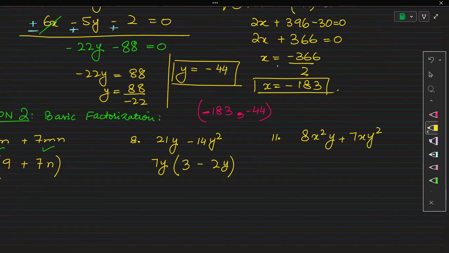Now, you can see here that there is no number common between 8 and 7, but if you look at the variables, x squared and x, so x is common in both of the terms. Therefore, I have written x. I have taken one x common, and one y is also required to be taken common. Now, we're left with 8.